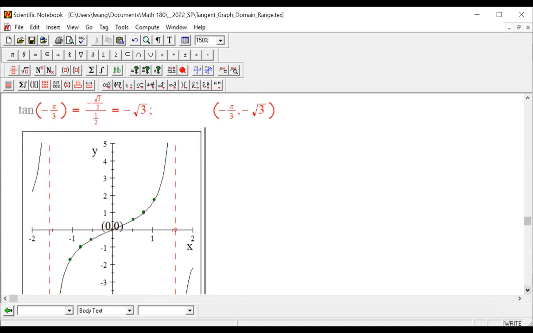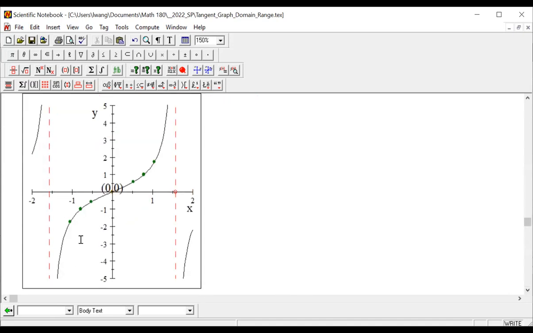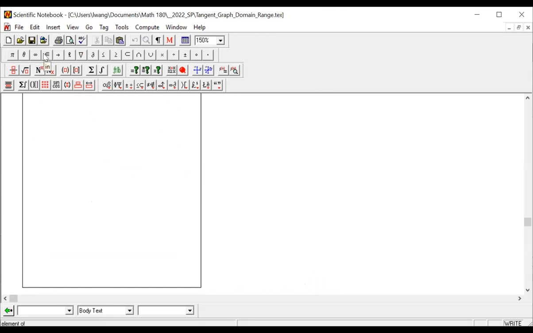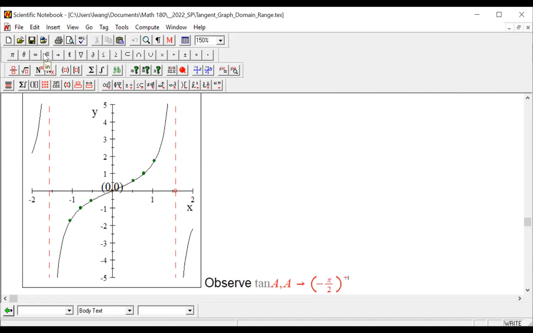We're going to observe the behavior of the tangent curve. We want to observe the tangent ratio when the angle, or the arc length, approaches negative pi over 2 from larger than negative pi over 2, from this side.